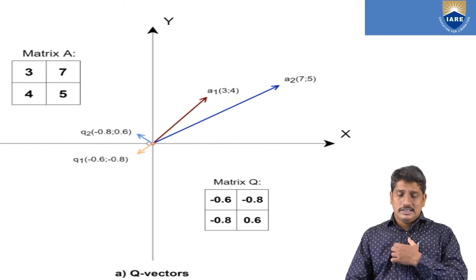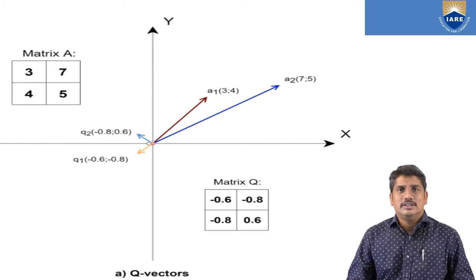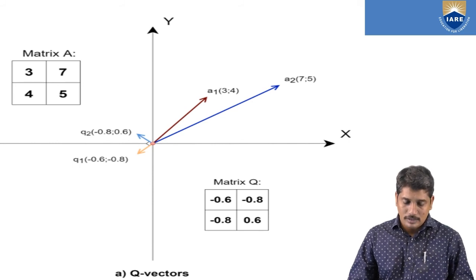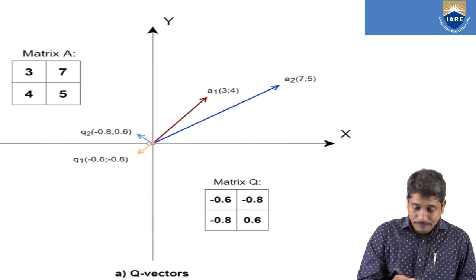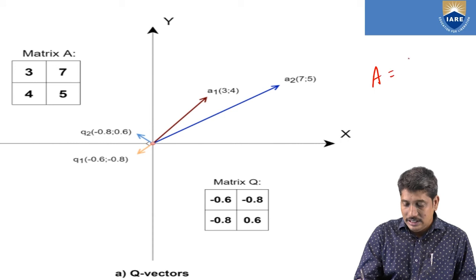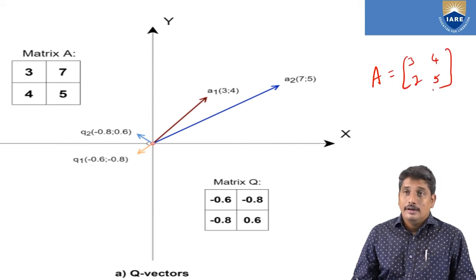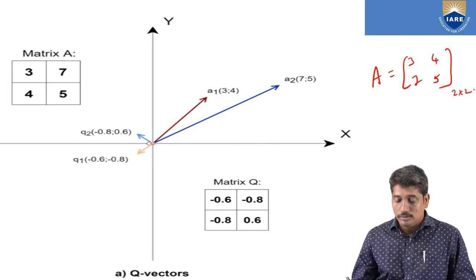So let us conclude this class with the geometrical interpretation of Q and R. Suppose here we are taking a matrix 3, 4, 7, 5, which is a 2 by 2 matrix with 2 columns and 2 rows.